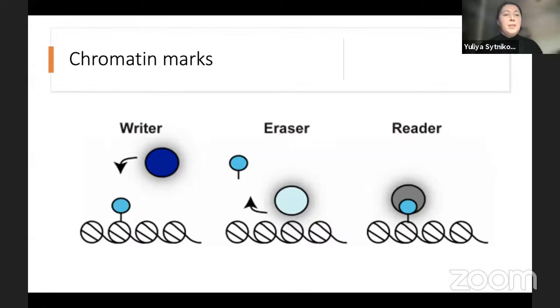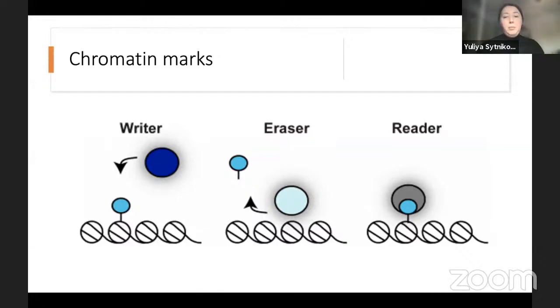There are complexes which introduce the mark, so-called writers, complexes which remove the mark, and also protein complexes and regulators which recognize the mark and change the region, either by recruiting chromatin remodeling complexes or transcription factors, Pol II, and so on.